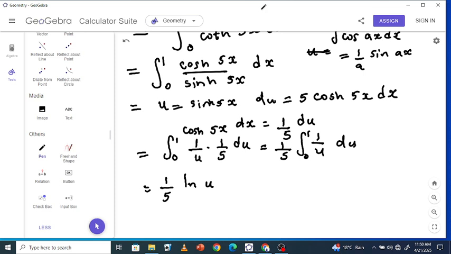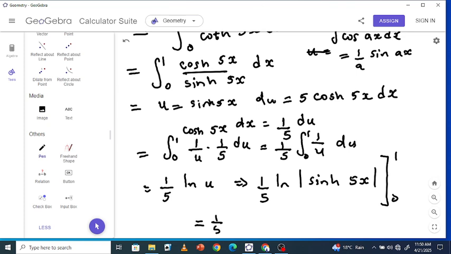But we have our u. That means we're going to have 1 over 5 ln of sinh 5x. And now we have a limit from 0 to 1.